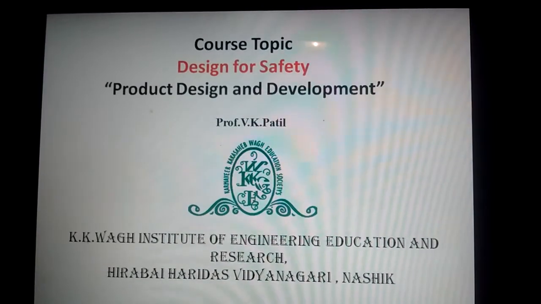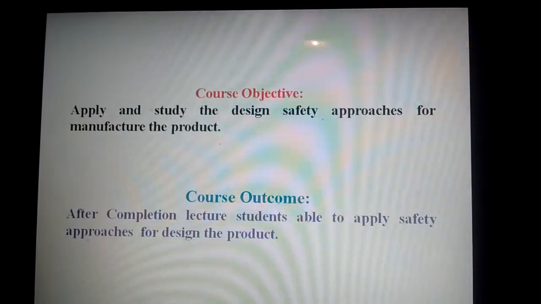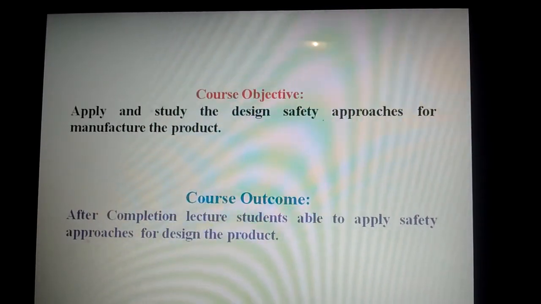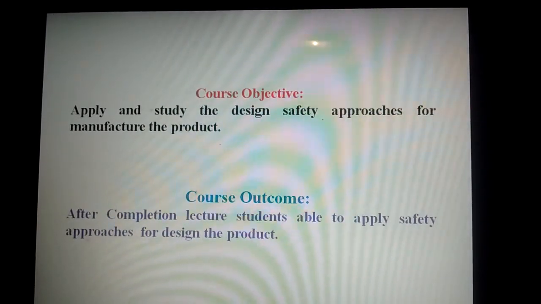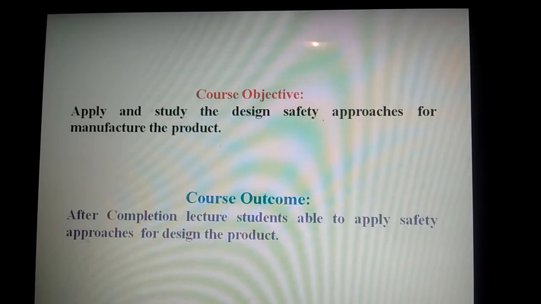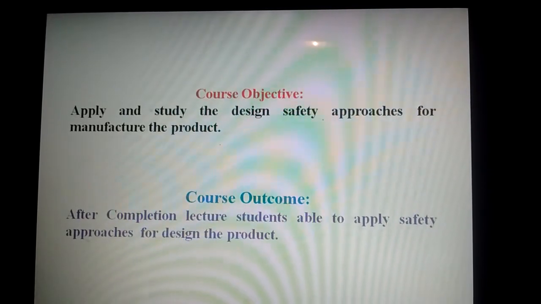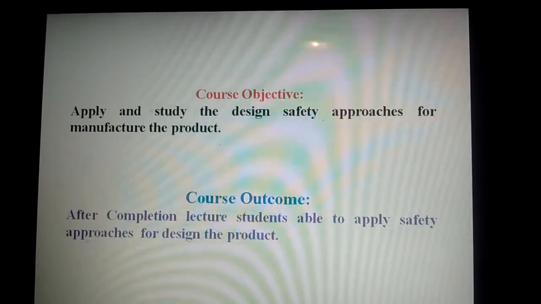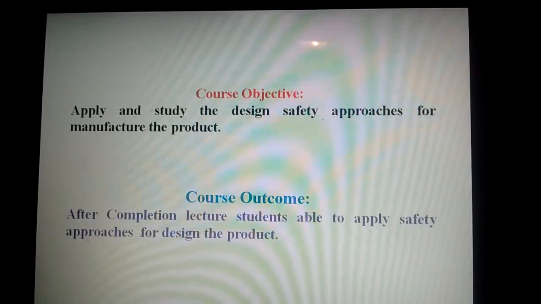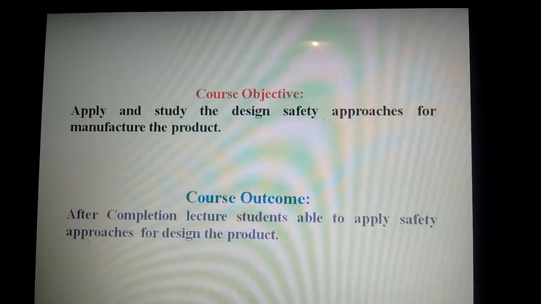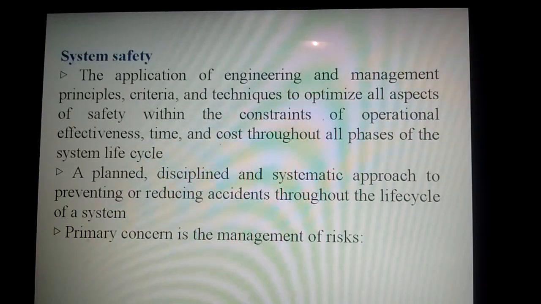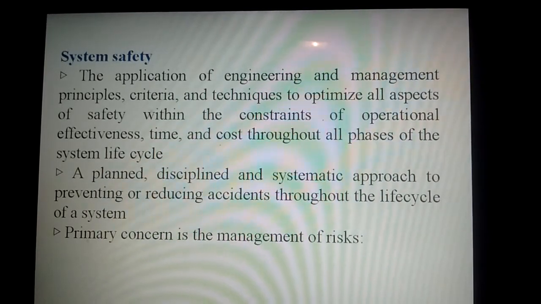The objective of this lecture is to apply and study design safety approaches for manufacturing products. After completing this lecture, students will be able to apply safety approaches to design products. So everything is about safety.